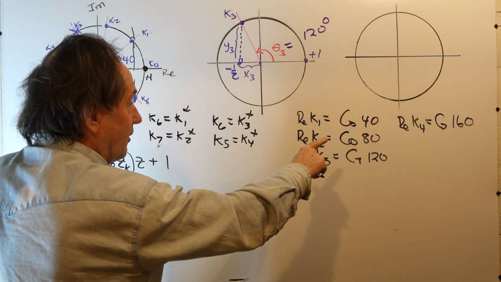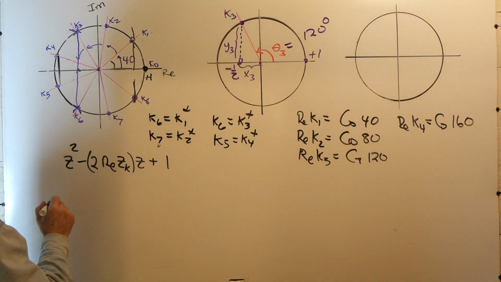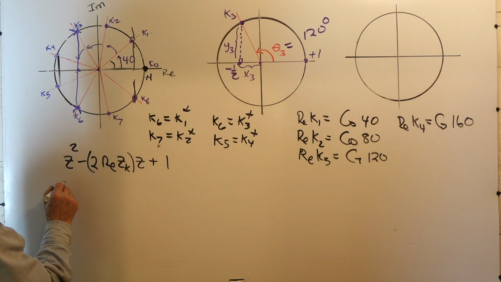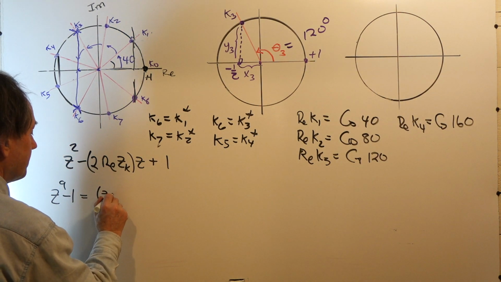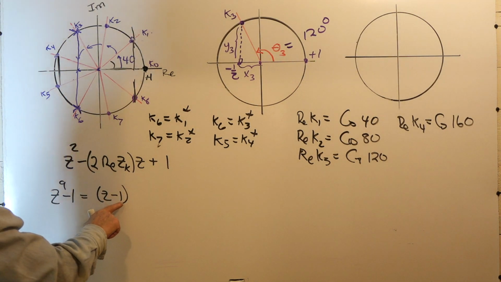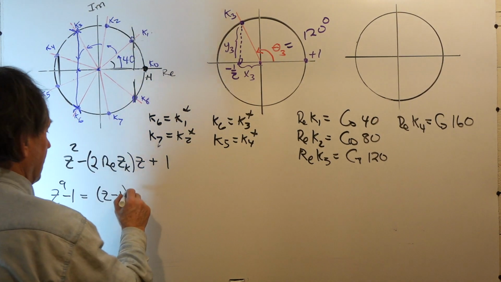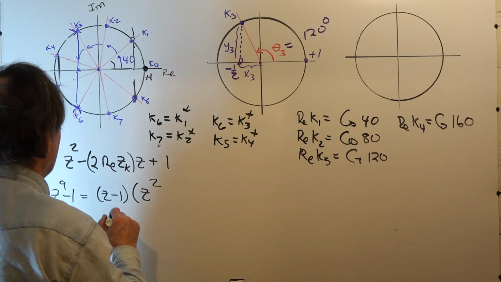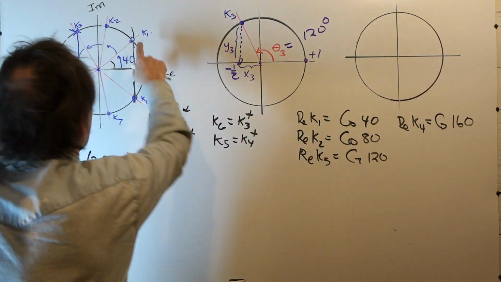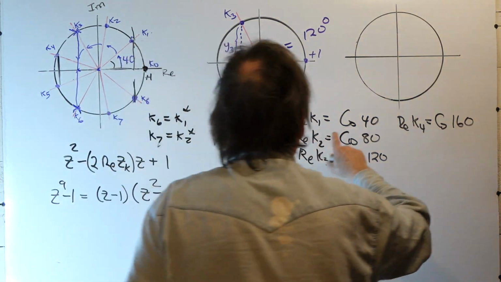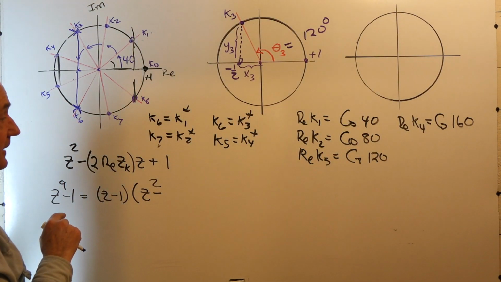So we can now write down the factors corresponding to z to the 9th minus 1. Well, we know one root is at z equals 1, so that factor is z minus 1. That's the only real root. And then we can write z squared minus twice the real part of K1, which is the cosine of 40.